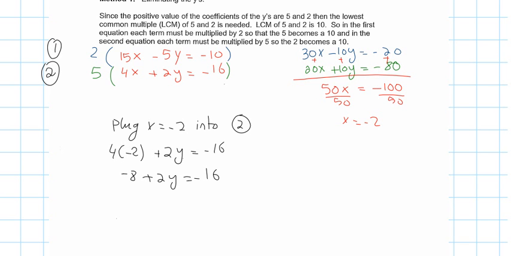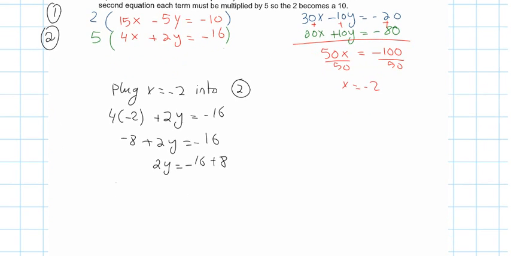Bring the negative 8 over. So that becomes positive 8. And then divide by 2. So y equals negative 4. Okay? So that tells me that my POI is negative 2, negative 4.